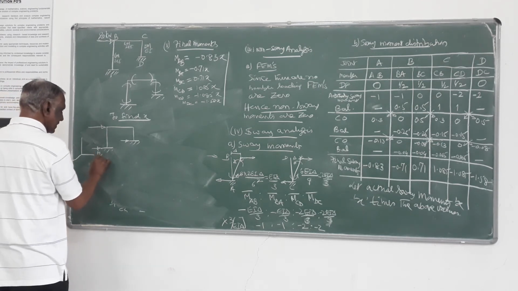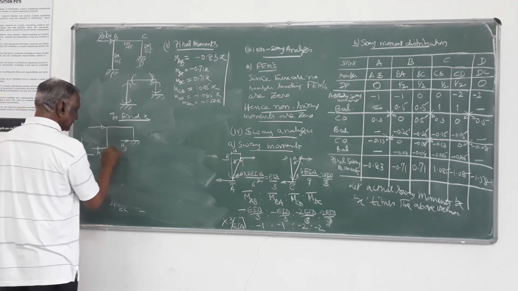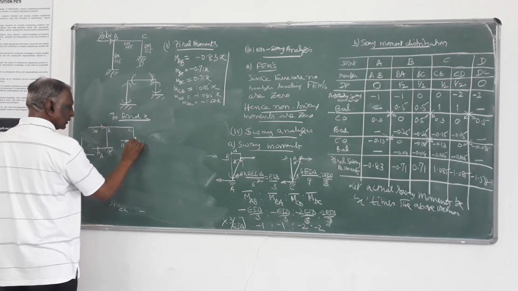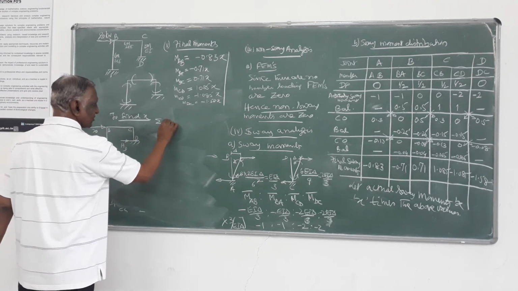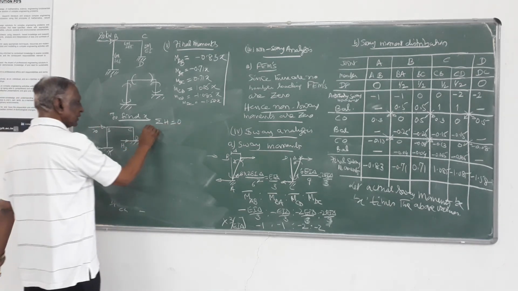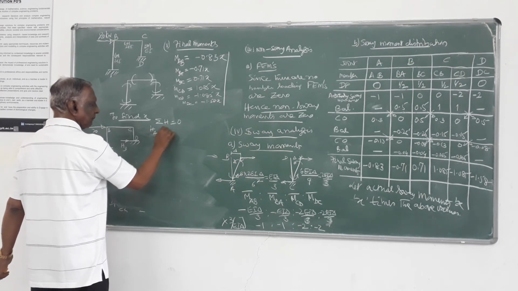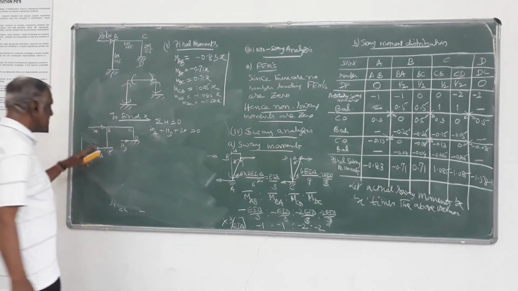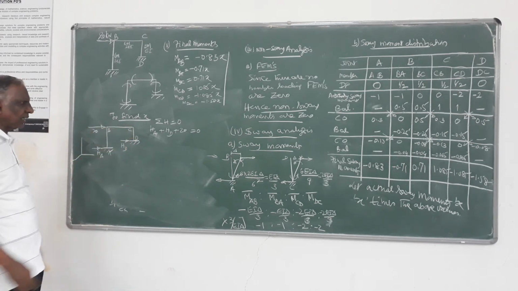So this is HA, HD, and this is 20 kilonewtons. So you apply the sway condition, sigma H is equal to 0. Therefore HA plus HD plus 20 equals 0, all in the same direction.